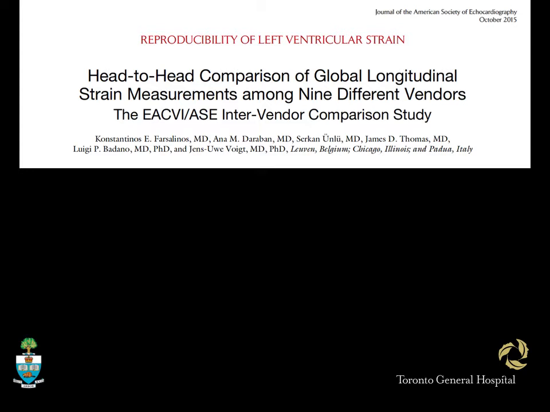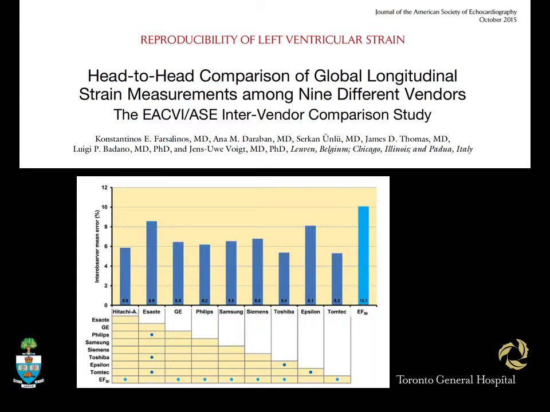What I also found interesting is that not only is there variability between vendors for the absolute number, but they also looked at inter-observer errors. So they took one data set, analyzed it on the Philips system, and got 3 people to do it, and you get similar numbers with some vendors, more similar numbers with some vendors than with others.